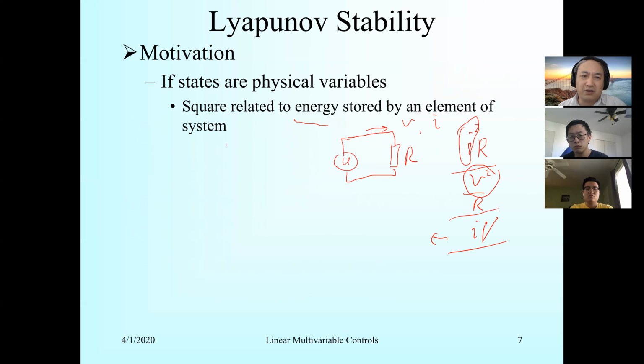Therefore, we say the square is related to the energy. Any signal, whatever signal x(t), x(t) squared is related to energy.